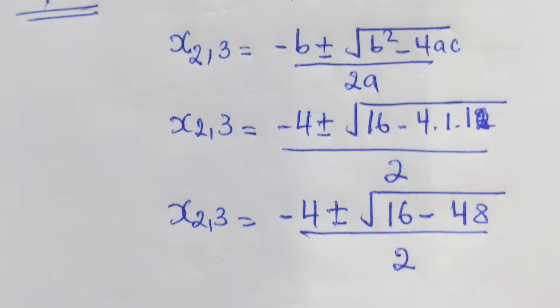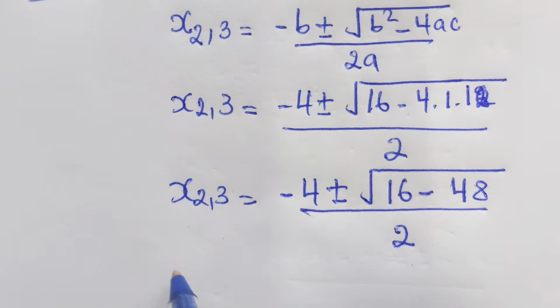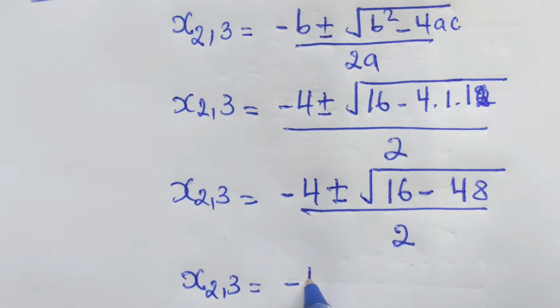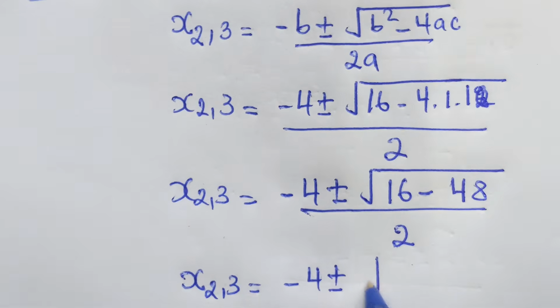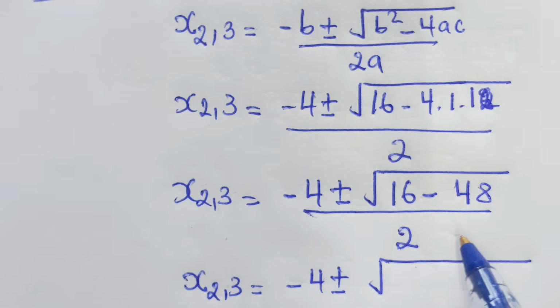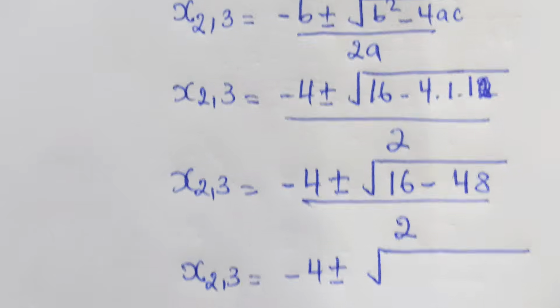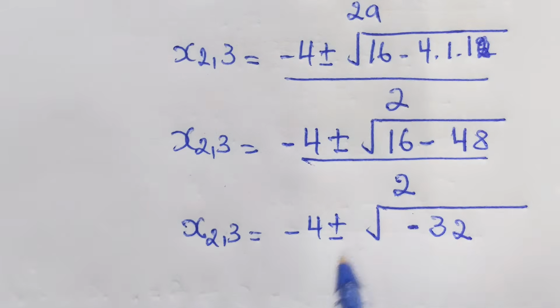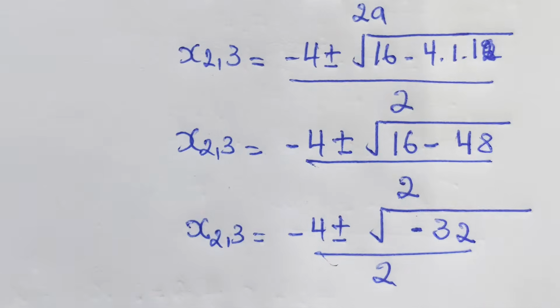What we have right here is x2 and 3 equal to negative 4 plus or minus the square root of negative 32, over 2.